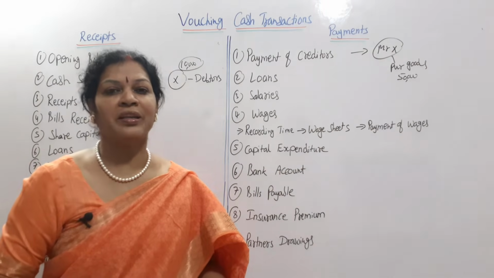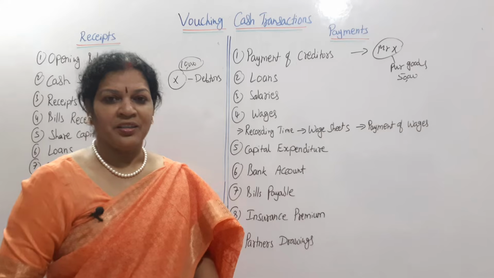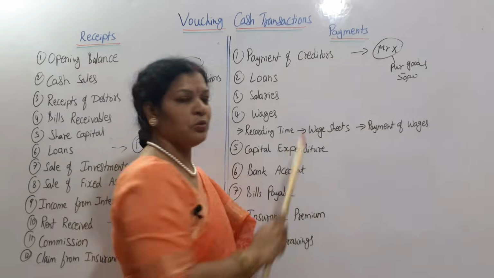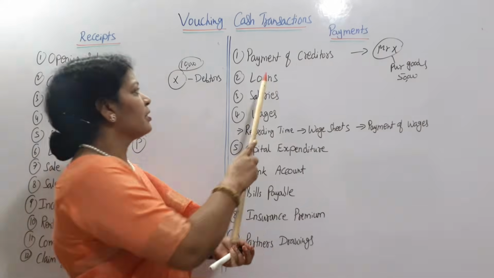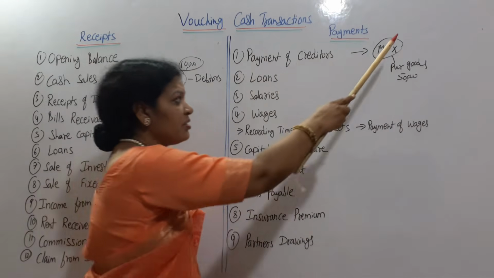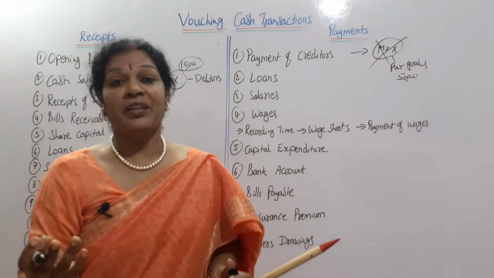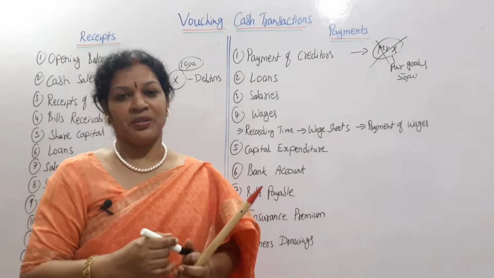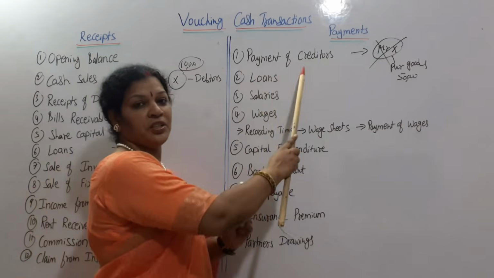Now we have to focus on the leftover creditors. From X we purchased goods worth 50,000 and we are paying 50,000, so Mr. X is ruled out, paid. How many creditors are there, that you have to focus on. That will be pending. In that way you can check the creditors.